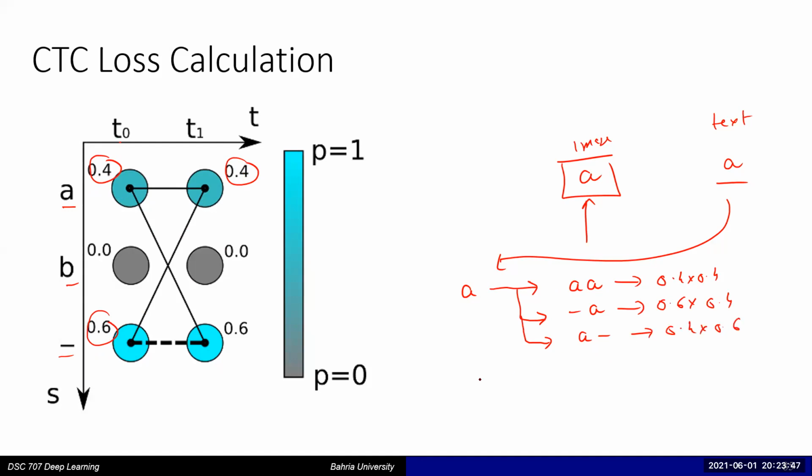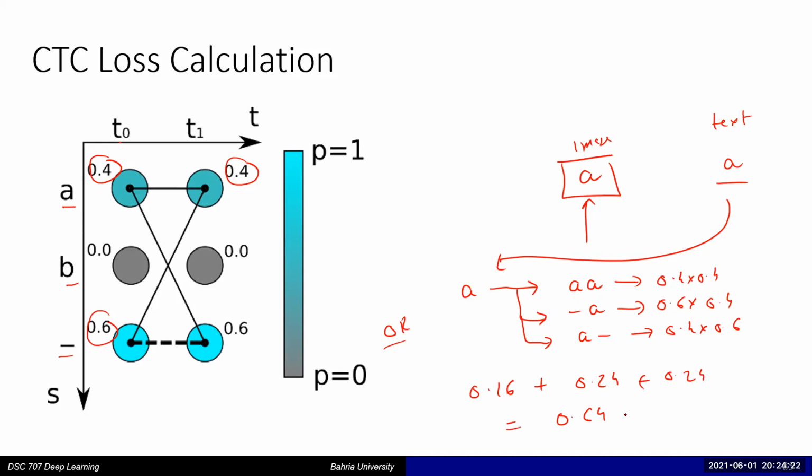So this will become 0.16, then 0.24, and then 0.24. These are the three ways you can get A. Since you can get A either through this or this or this, whenever you have an or, probabilities are added. So you add them together and you get 0.64, maybe you can verify. This 0.64 is the probability of producing an A.